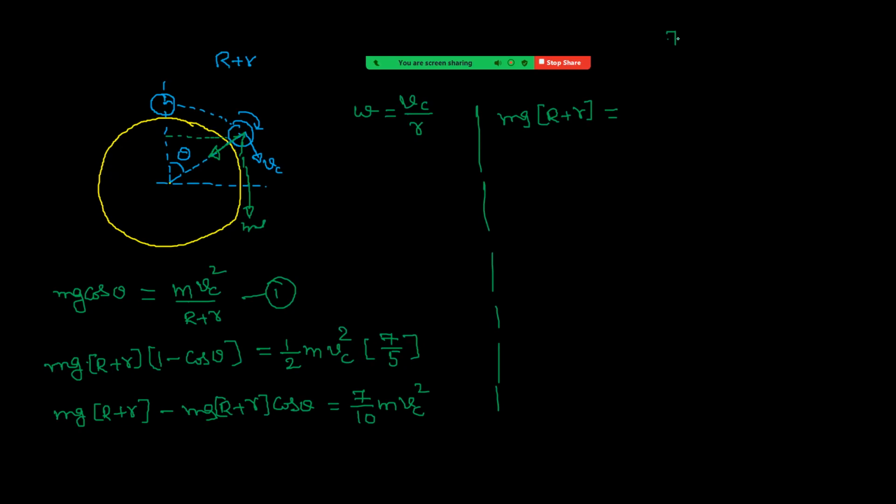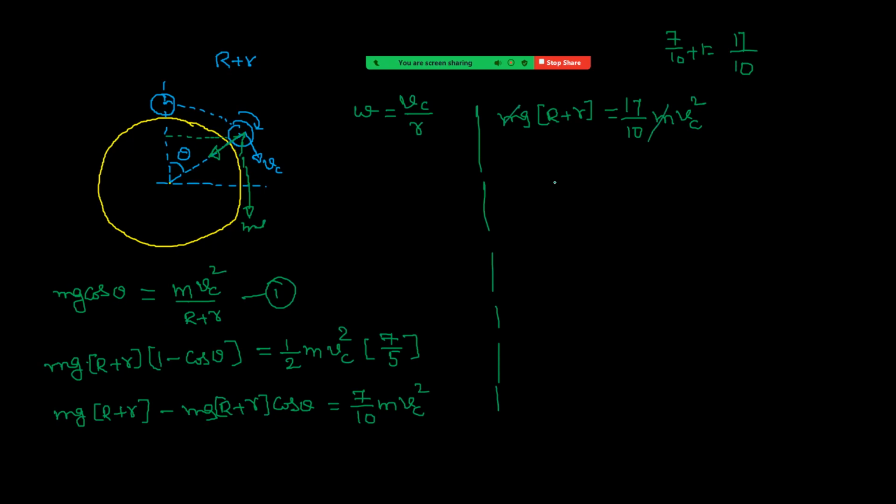How much? 7 by 10 plus 1, that is equal to 17 by 10 m vc square. Okay. See what I'm doing here. mg into R plus r into cos theta equal to m vc square. Okay.